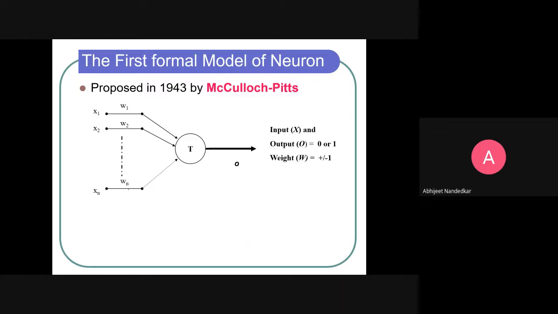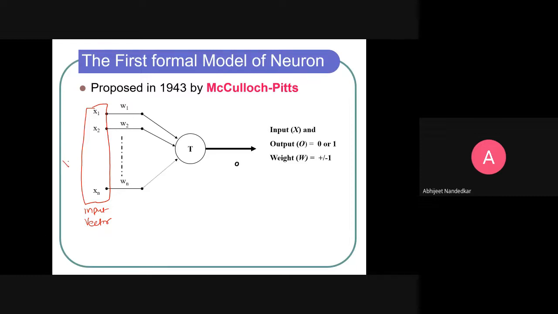Now, try to understand this model. If you understand this, half the work is done. It's very simple actually. So this is the input. Now I will call it the input vector.